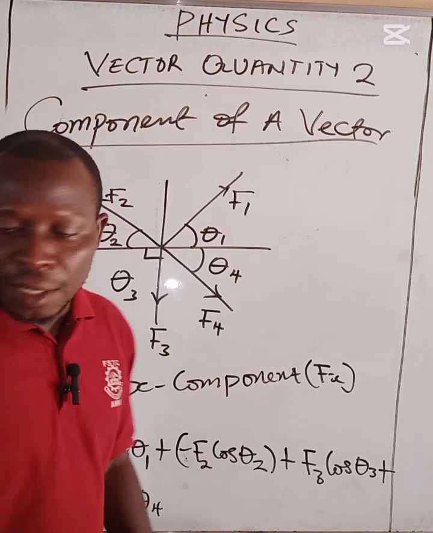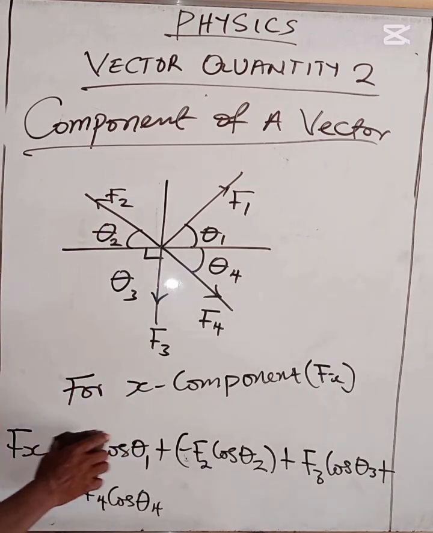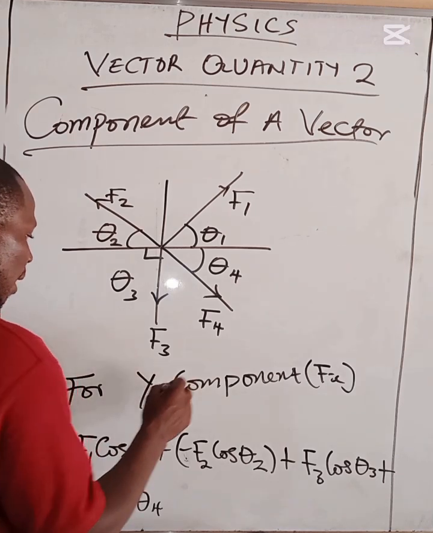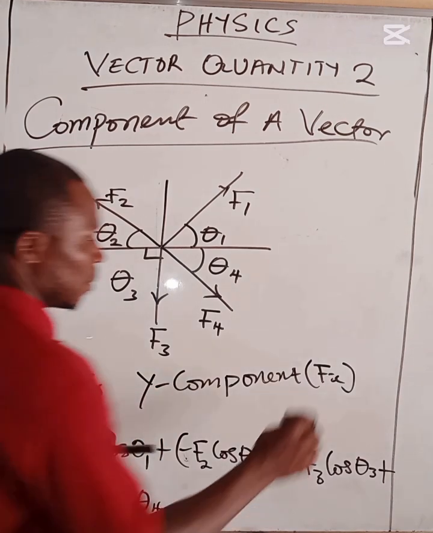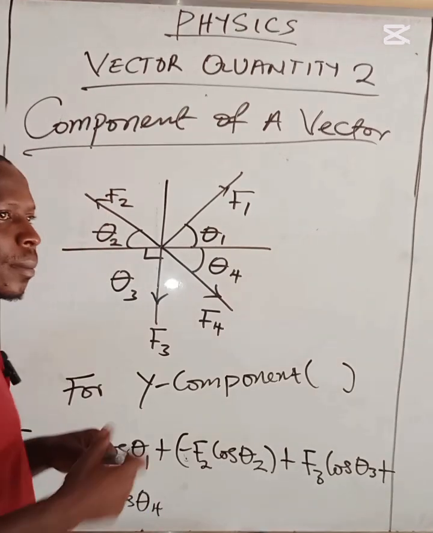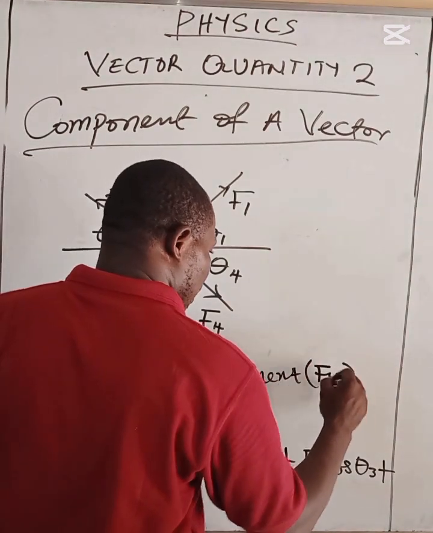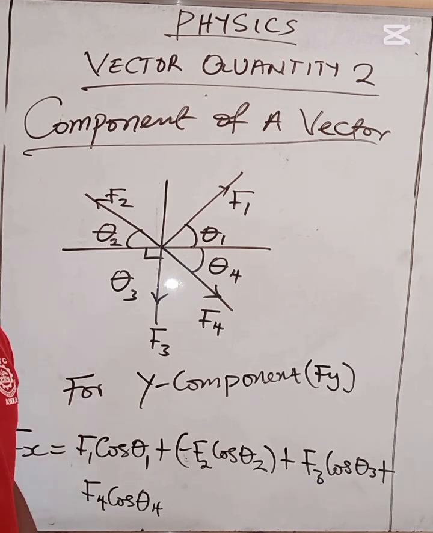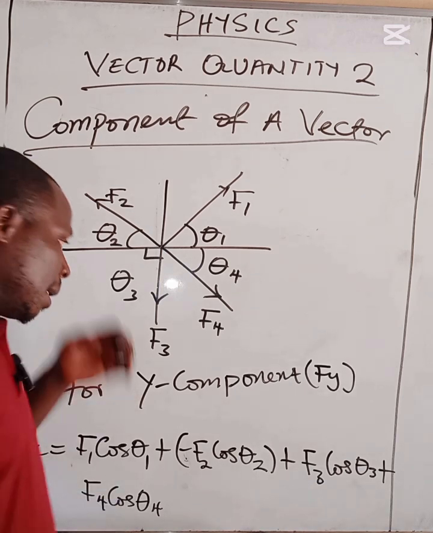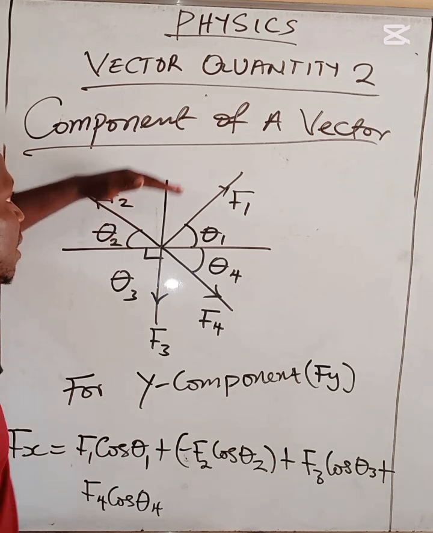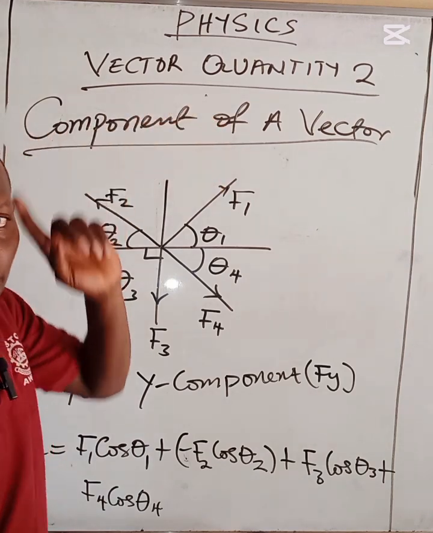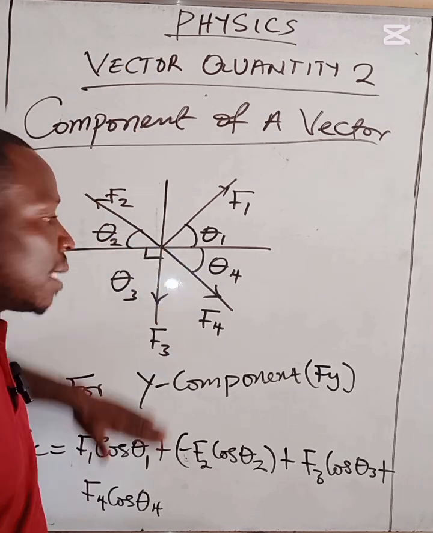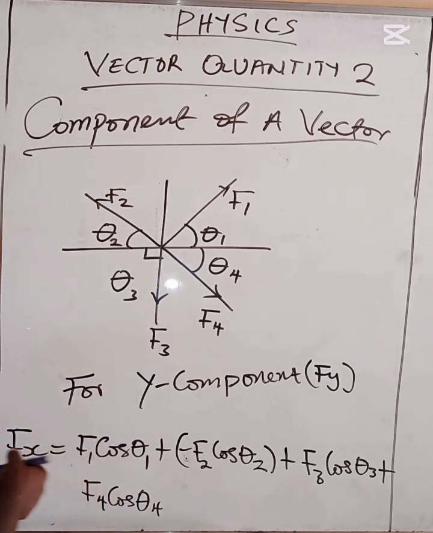Is that clear? Now, if I want to find the vertical component, Fy, I told you that the side the angle is made with takes cos, and the other side automatically takes sine. So for the y component, recalling your Cartesian plane, everything up is positive and everything down is negative.